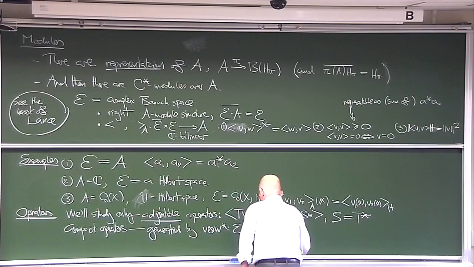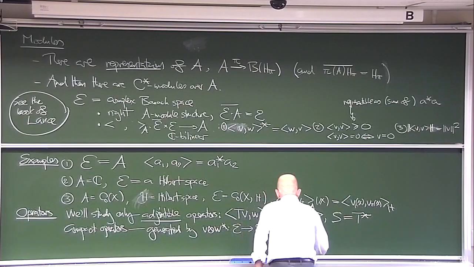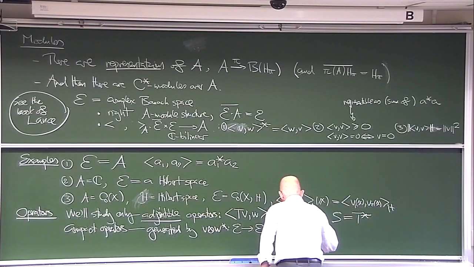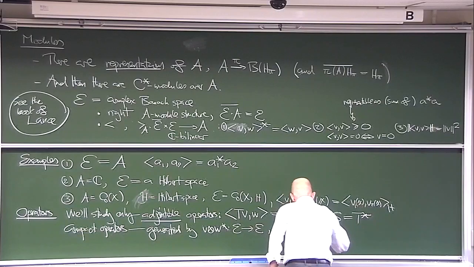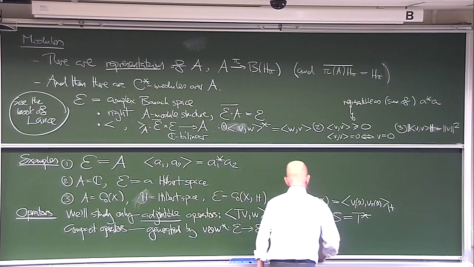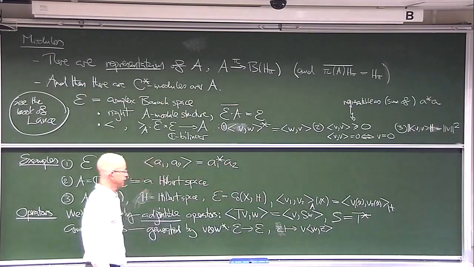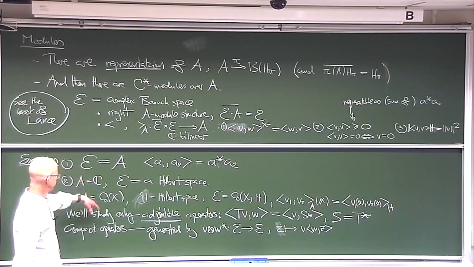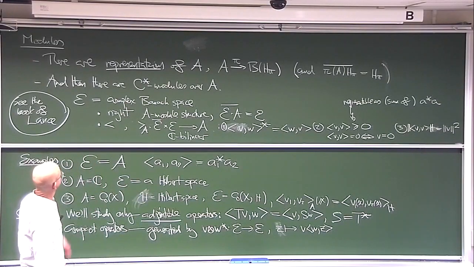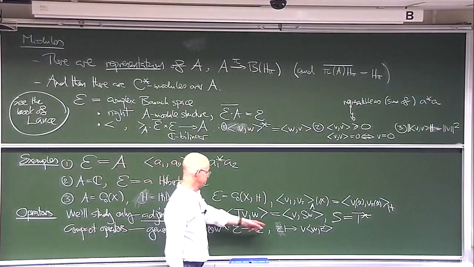I can build an operator in the following way. It sends x into z, or something. I can take the inner product of w with z, that's now a scalar, and I can use that scalar to multiply v on the right, because we're dealing with right modules. And this gives a map from E to E.